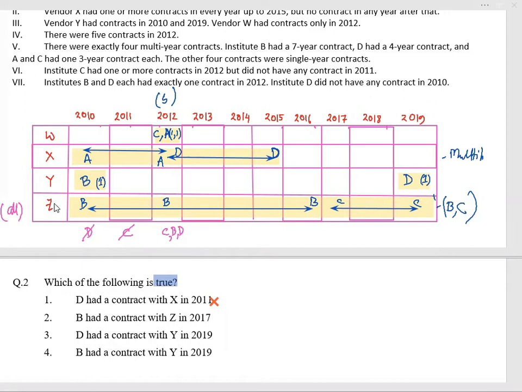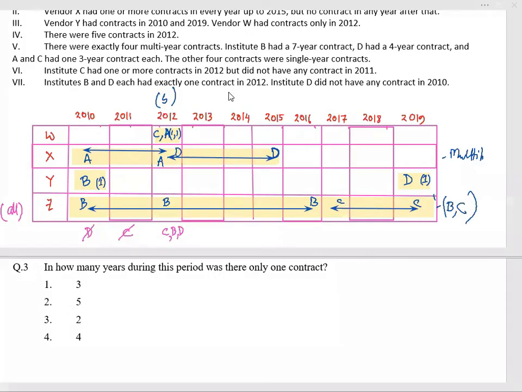In 17, not B. D had a contract with Y in 19. Yes, D had a contract with Y in 19. So the answer for this question is option 3. But B had a contract with Y in 19? No, it is not. So option 3 would be the answer.